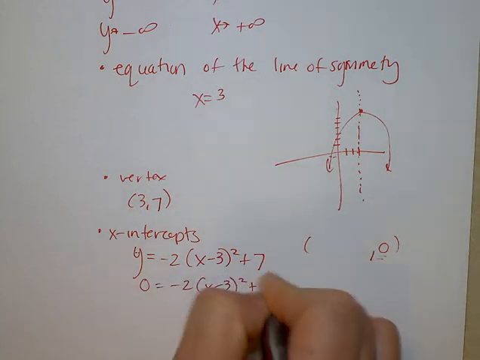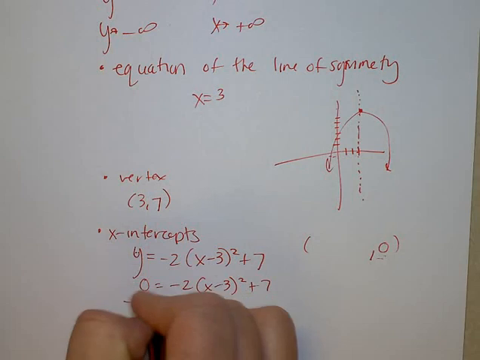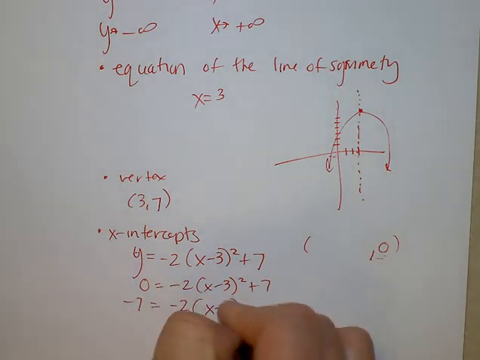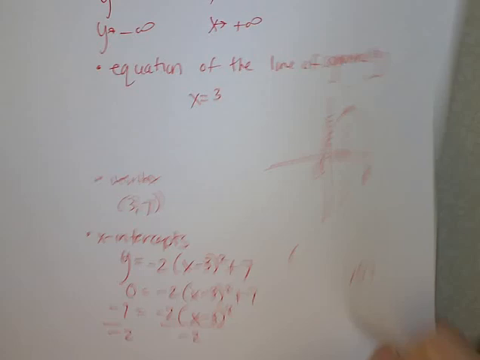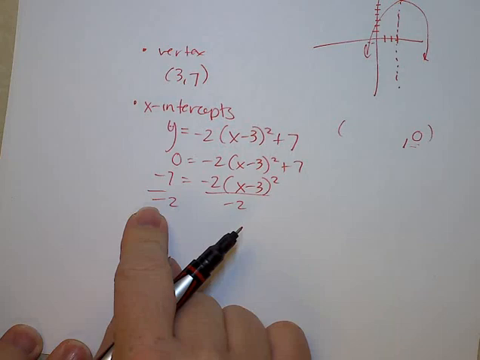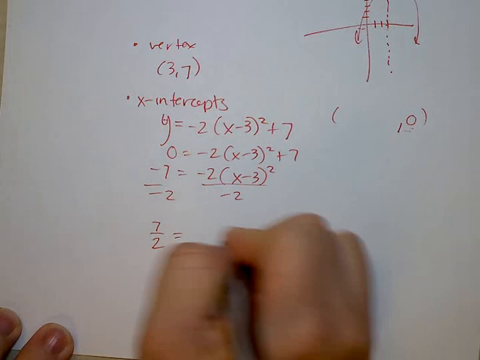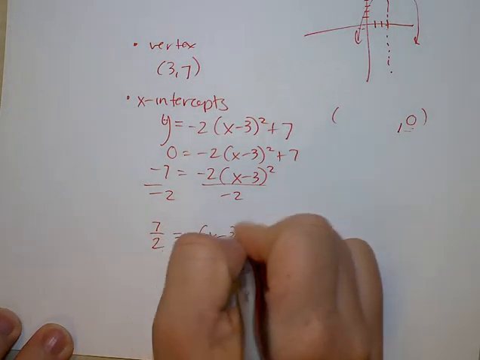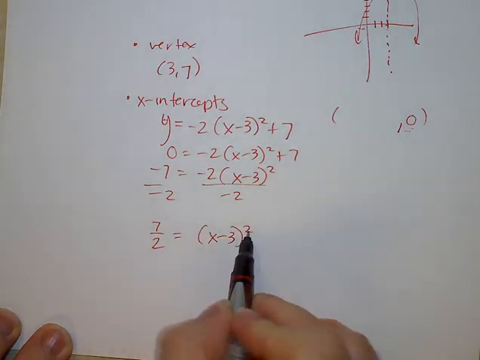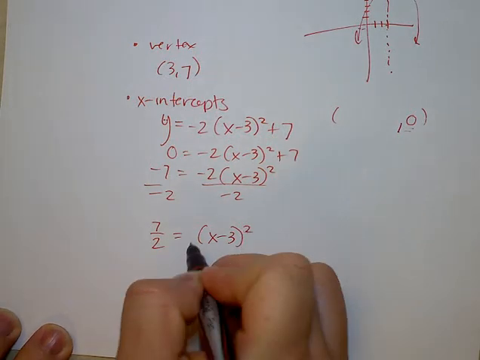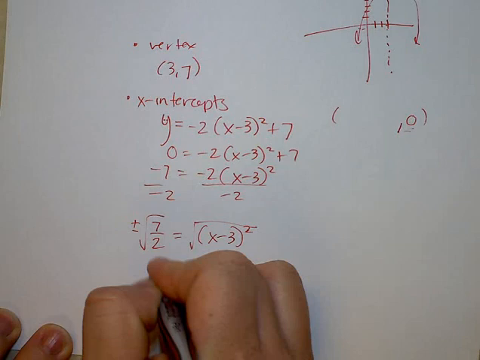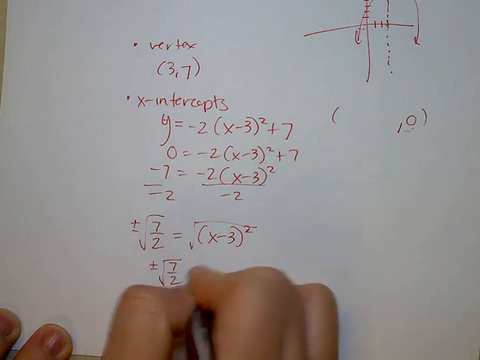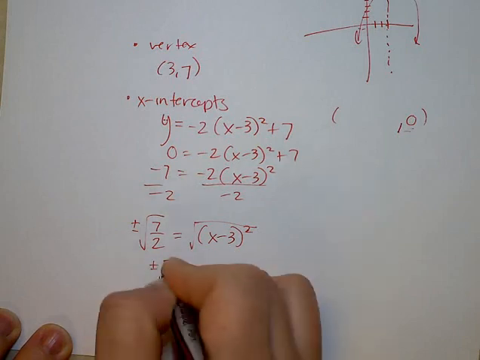Start by subtracting 7 to the opposite side, dividing by -2. Two negatives make a positive. How do you get rid of the square? This tells us we're going to have two answers, so I square root both sides, and the plus or minus goes in front of the opposite side. 7/2 is not a perfect square, so it's an irrational number.